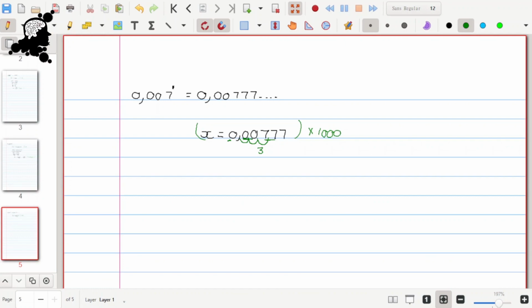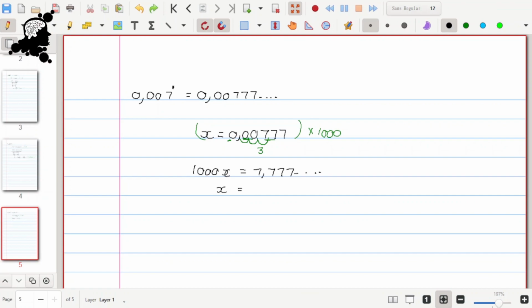So, when we have a look at this, after multiplying out, I'm going to get 1000x is equal to 7,777. Let's put our original expression here and let's subtract.